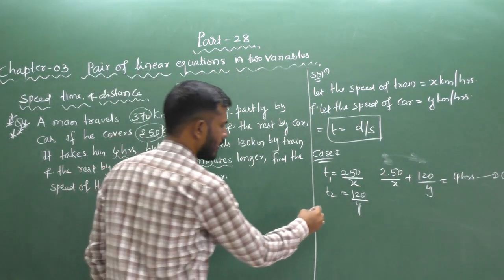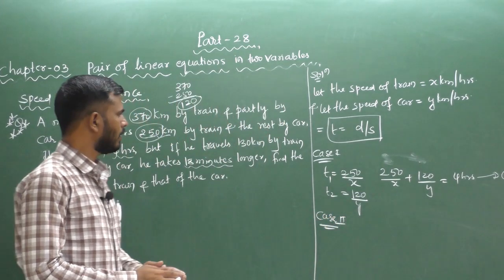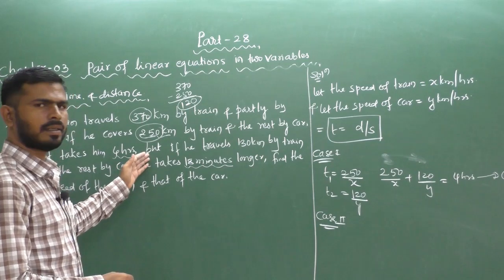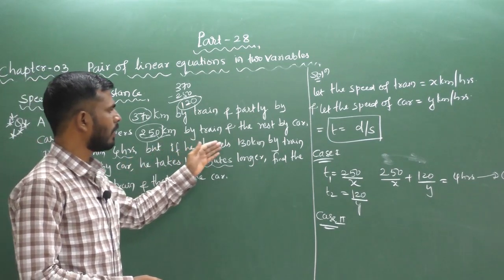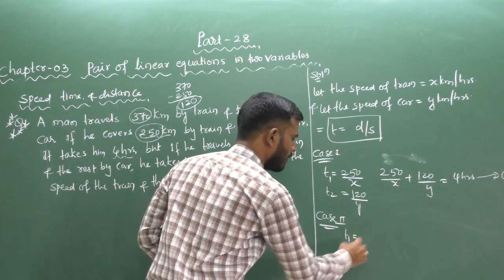So case 2 we can also write the same way. Case 2 is given here: if we travel 130 km by train, here also it can be T1.